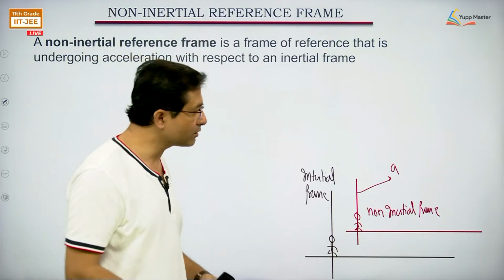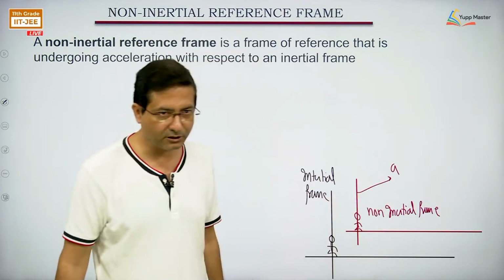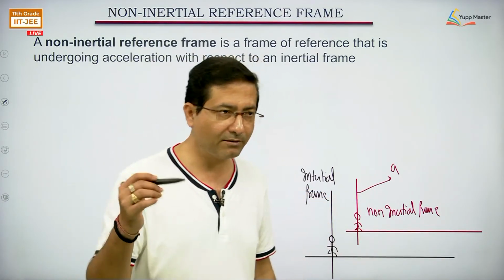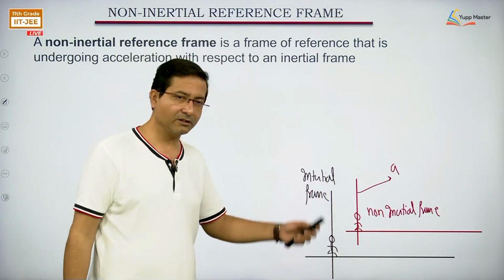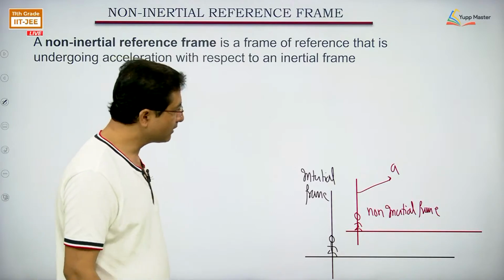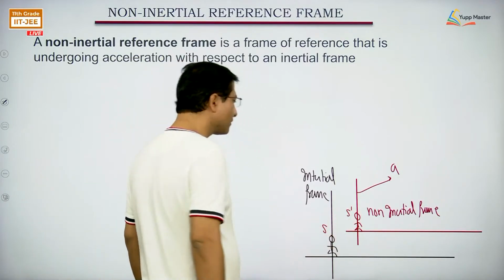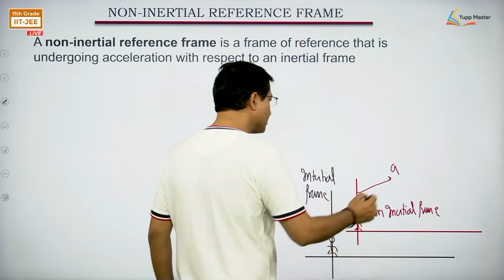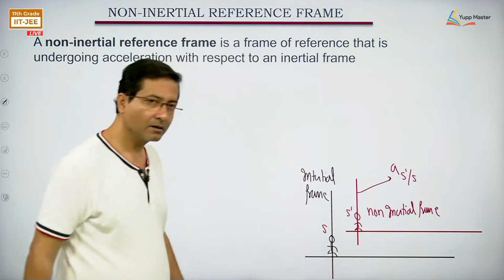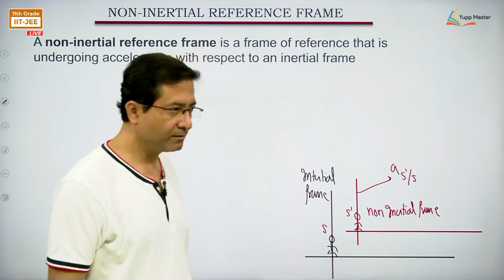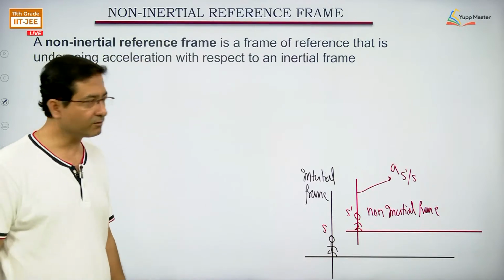You need to do some adjustment to apply Newton's law from a non-inertial frame. So any frame which is having acceleration with respect to an inertial frame is a non-inertial frame, right? If I call this frame S and this frame S dash, then this frame will have acceleration with respect to the inertial frame, and it will become non-inertial.